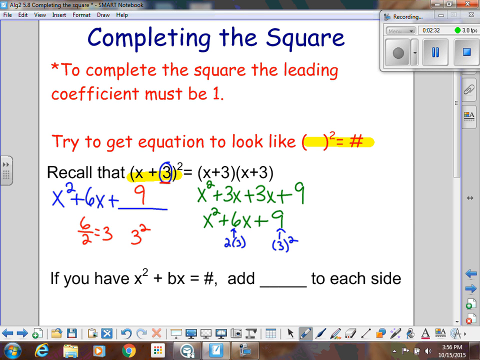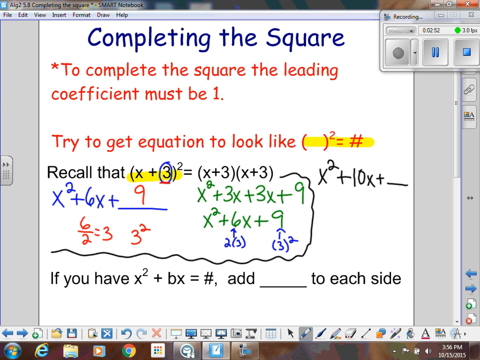So our rule is, if I have some number, let's say it's x squared plus 10x, and I want to know what goes here, in order to get back to that number that was in the parentheses, I have to divide this middle term, this 10, by 2.